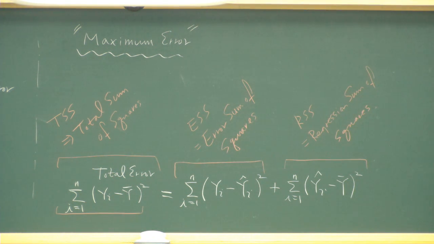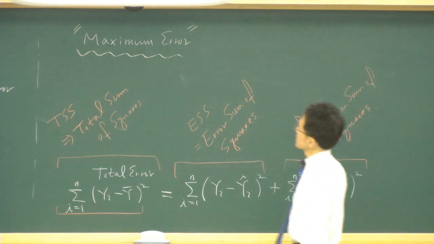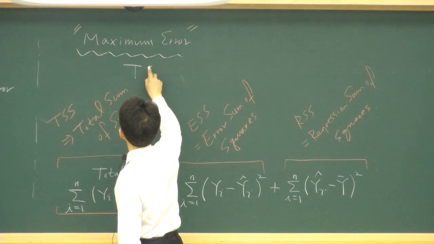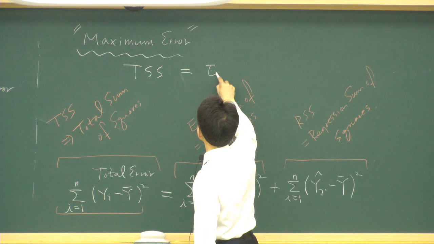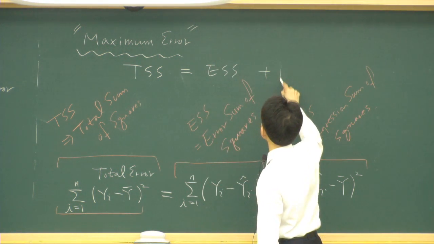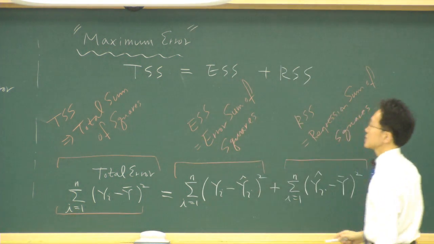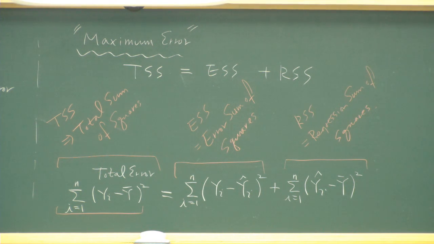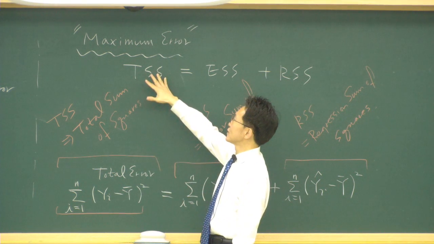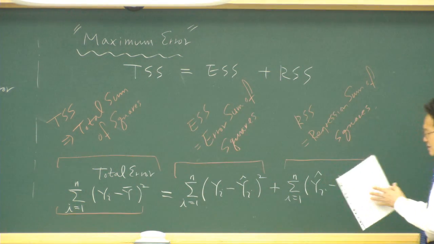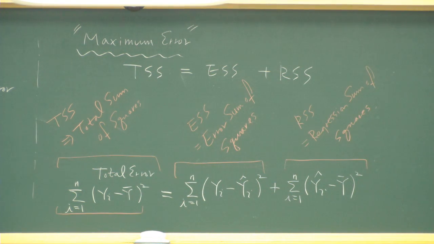Okay, so this is a very famous result. In other words, total sum of squares equals error sum of squares plus regression sum of squares. And you got to understand what the actual forms of each one of these sums of errors are. Okay?